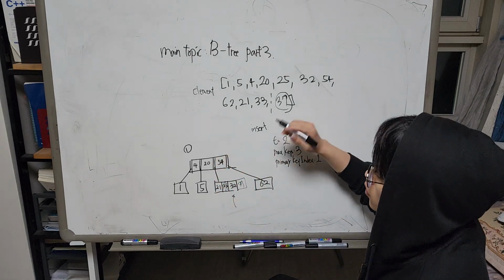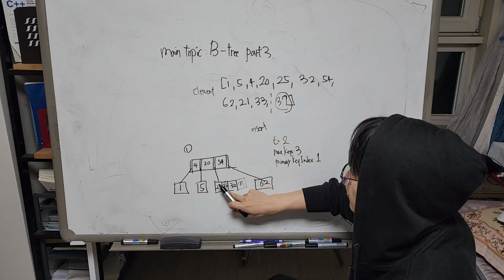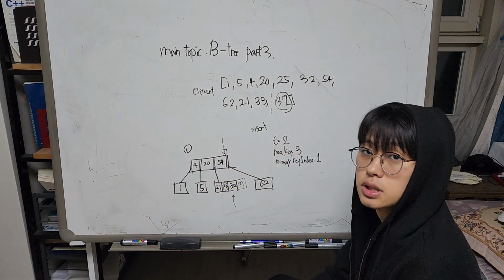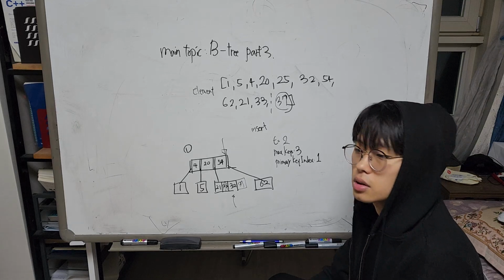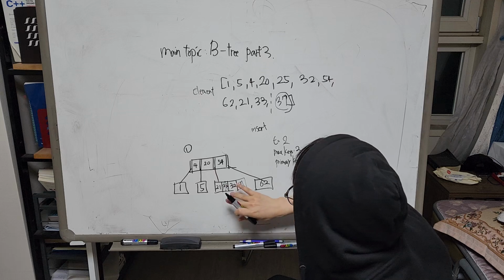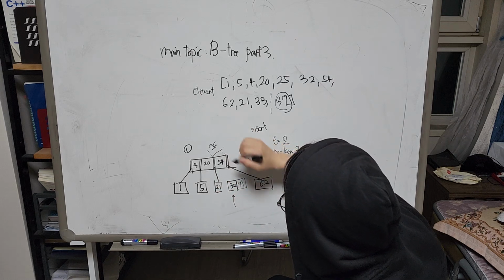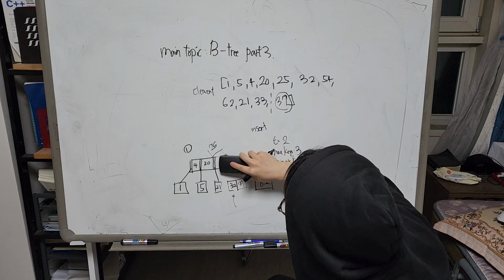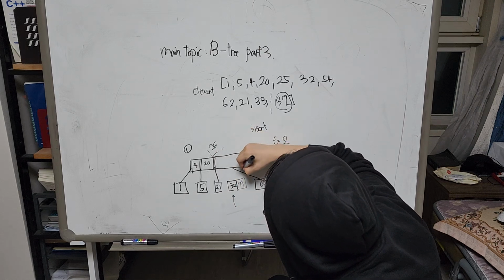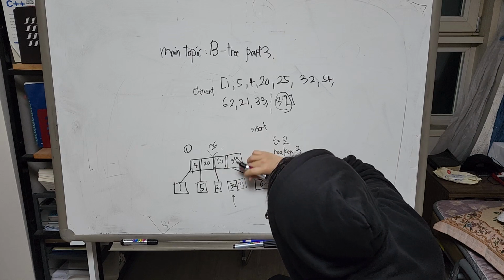But the problem is that when we're trying to move 25 into the parent, the parent node is already full. So let's draw this more. 62 is divided by 25. So 25 goes here. Yes. 25, 54, and 62 here.